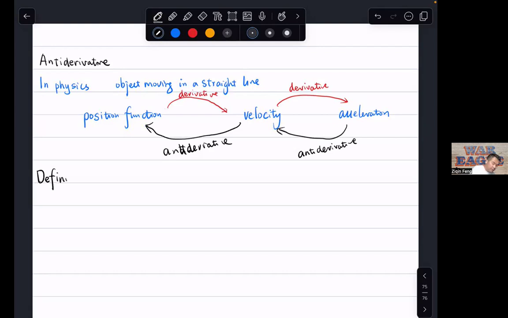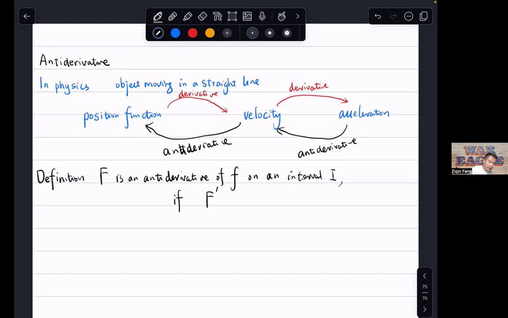Definition. So we say that capital F is an antiderivative of f on an interval I if the following happens.